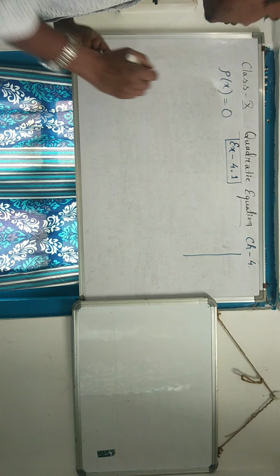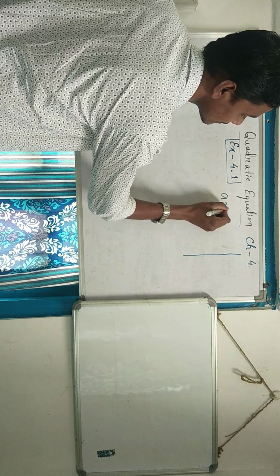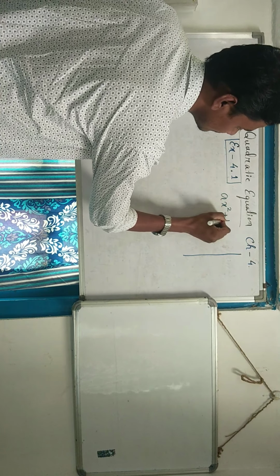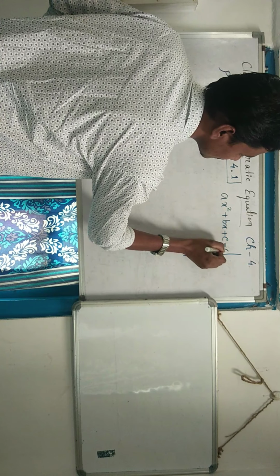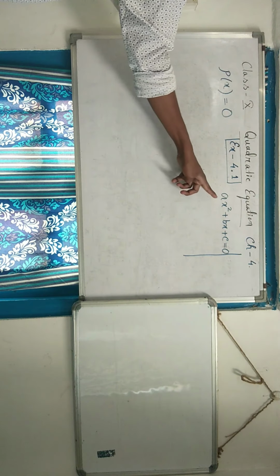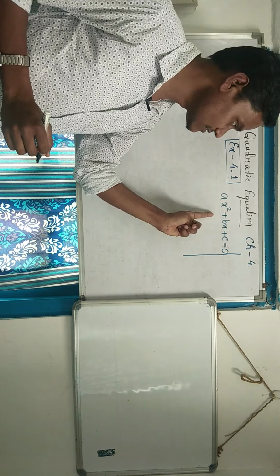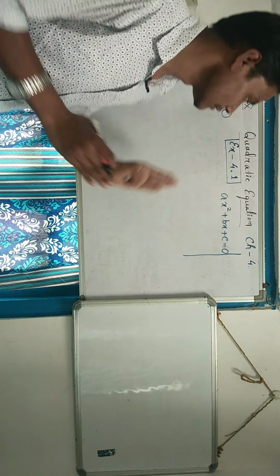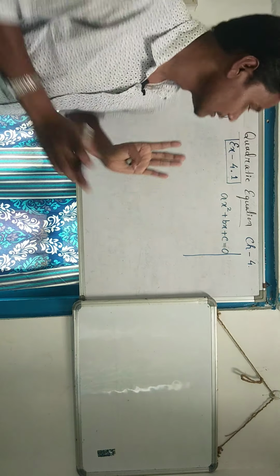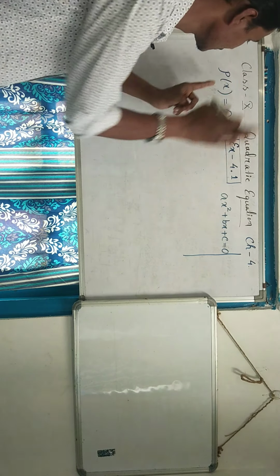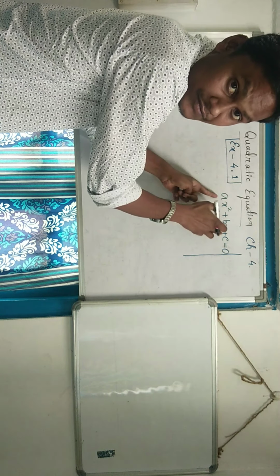So the standard form for a quadratic equation is ax square plus bx plus c equal to 0. Now if we observe this equation, ax square plus bx plus c, it is an equation of the form p of x equal to 0, where p of x is a polynomial.